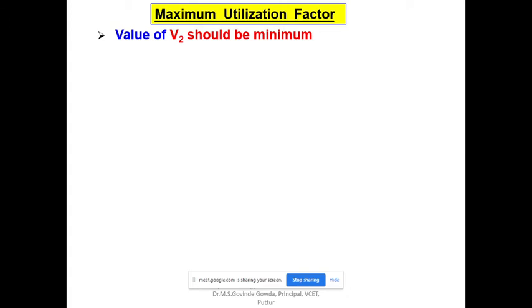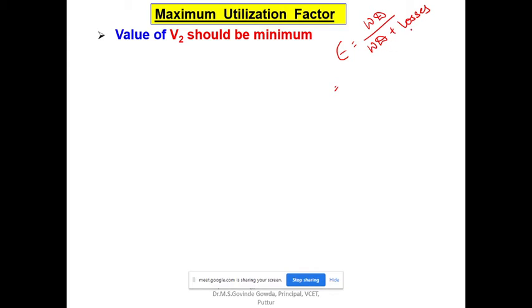For the maximum utilization factor, the first thing is V2 should be minimum. Again I'm revising the utilization factor concept here. Maximum utilization factor is work done by total available energy, that is, work done plus losses.